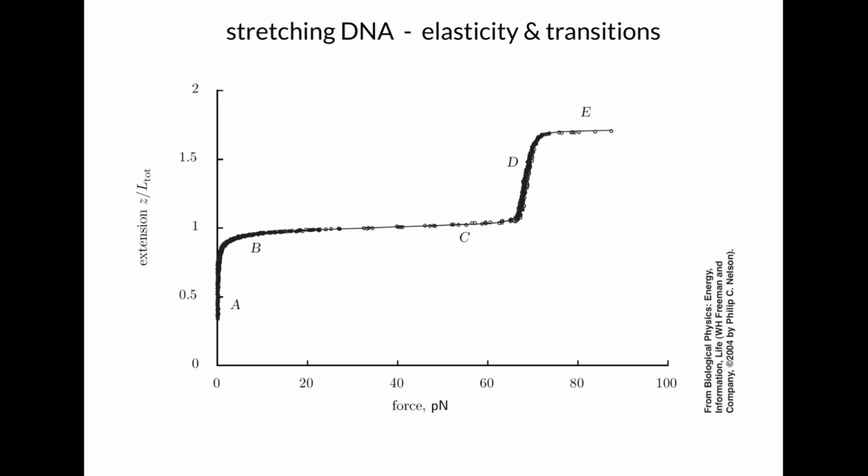Now, by zooming in and turning the graph that we saw before by 90 degrees, we obtain a force extension curve that really has been monitored in those experiments, yet here on a larger force scale. At very low forces, well below 10 piconewton, you see that the DNA is extending.